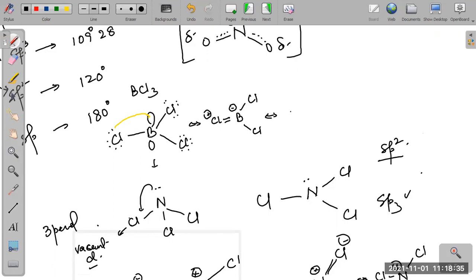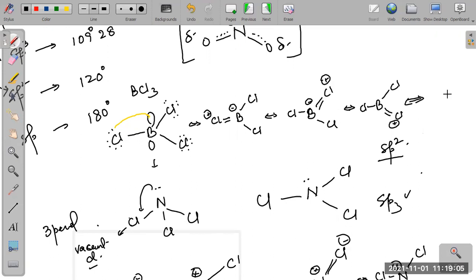Secondly, it is going to be Cl single bond B negative, Cl double bond positive, Cl, followed by the third canonical structure, and the fourth canonical structure where the third chlorine will delocalize its electron.